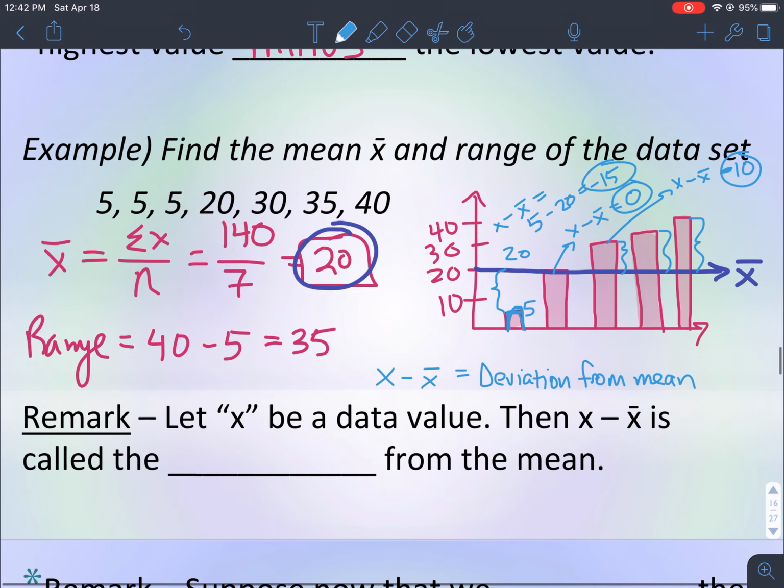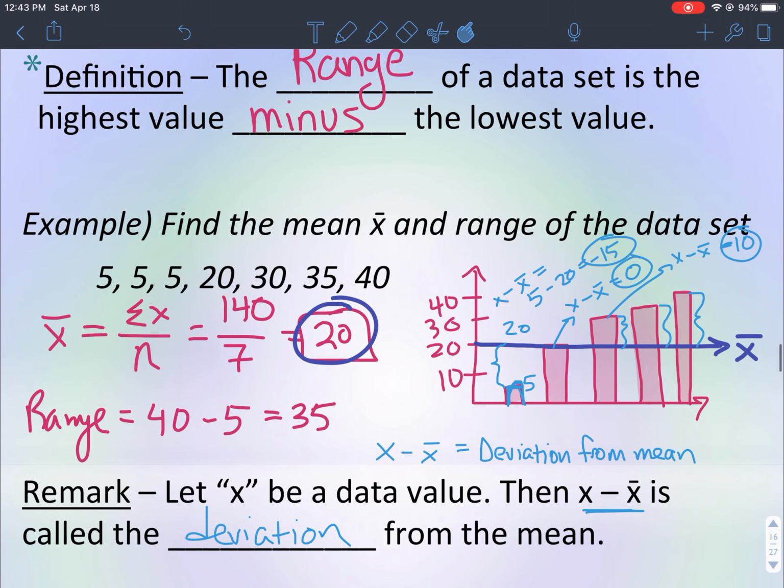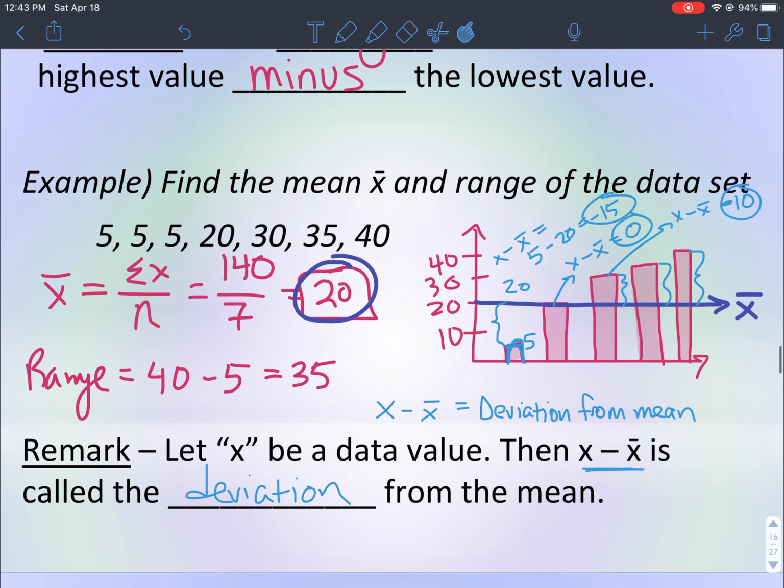So, let x be a data value, then x minus x bar is called the deviation from the mean. Already we've got 2 measures of how spread out a data set is, the range and the deviation from the mean.